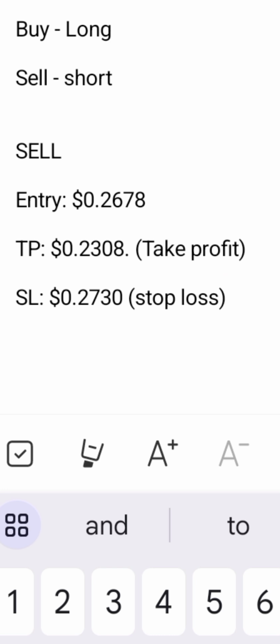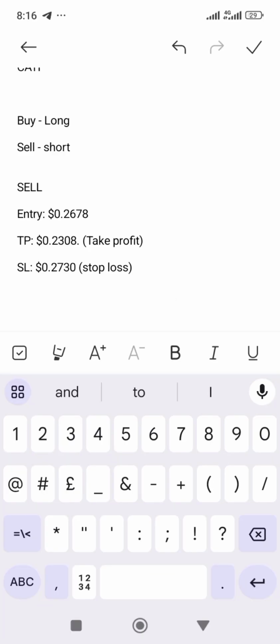It means you want to get out of the trade once the trade reverses from 0.26 to 0.23. So you can set this and go about your normal business. That means you do not need to sit on the computer or your phone monitoring the trade. You have automated it already.